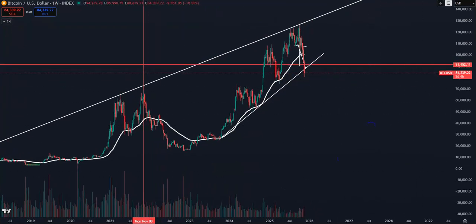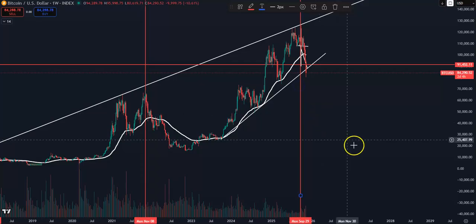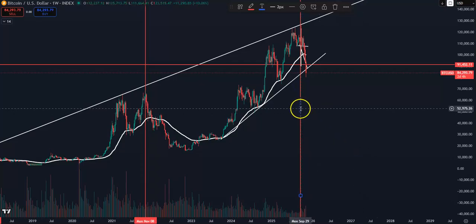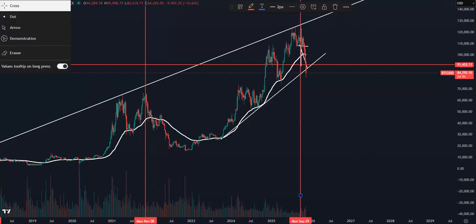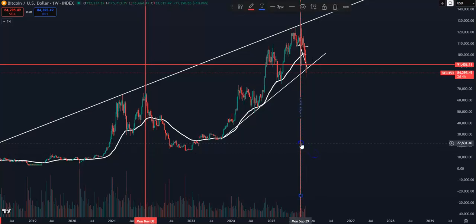So if we mark the top as being here, and this was around the top, then we're at a September, which actually, I don't think it was September. I think it was more, let's go over one week.